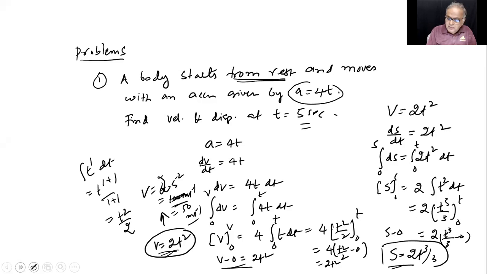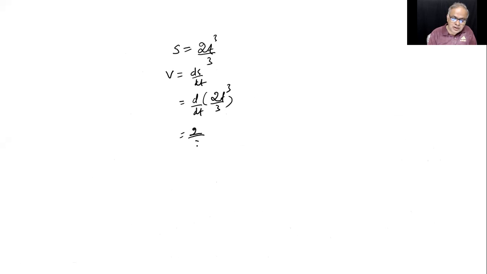Now remember this: S equals 2t cubed by 3 we have, right? If this is there, for example, I can get V. V equals ds by dt. So d of all this 2t cubed by 3 by dt, if you write, you can take this 2 by 3 out.